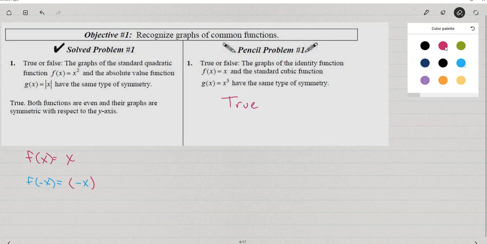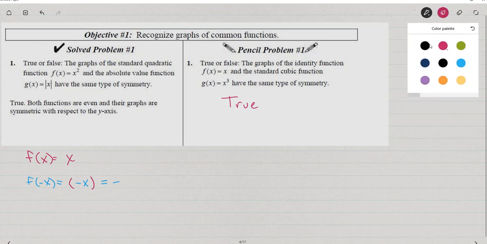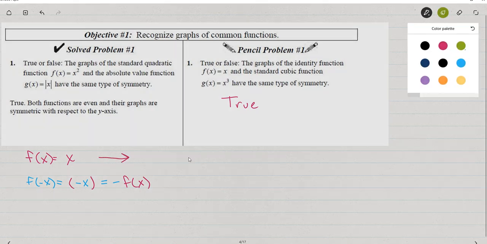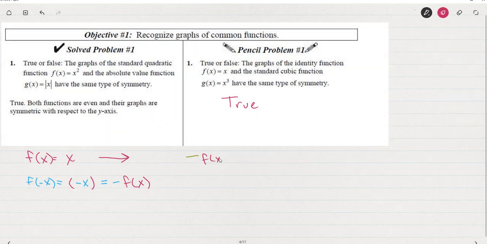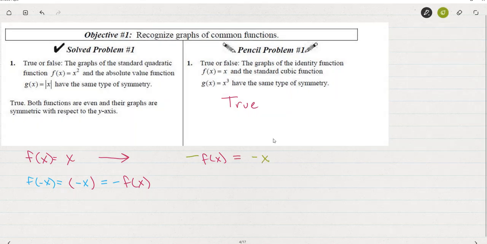I know the first time you do this, this might feel a little confusing. But if I looked at f of x and said, what's the opposite of that? The opposite of f of x would be the opposite of x, right? So that's the opposite of f of x.